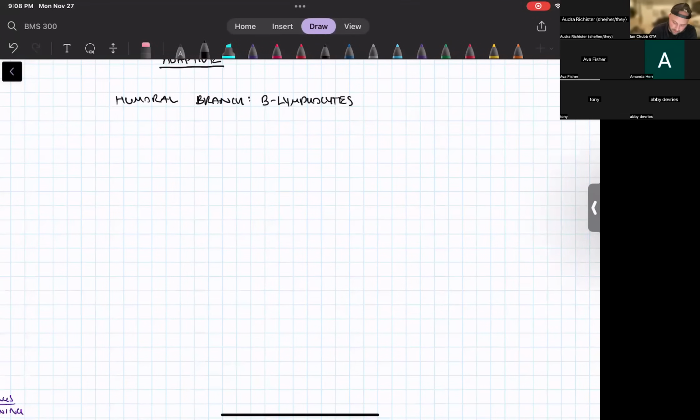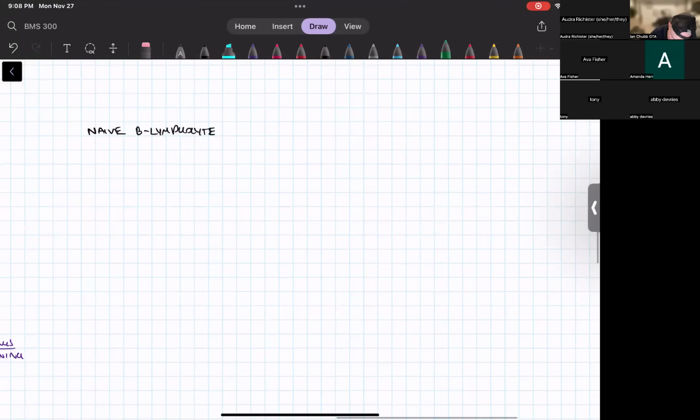So we have 2 types. Well, actually, we start as a naive B lymphocyte. And I'm going to draw this one because it's easier to draw.